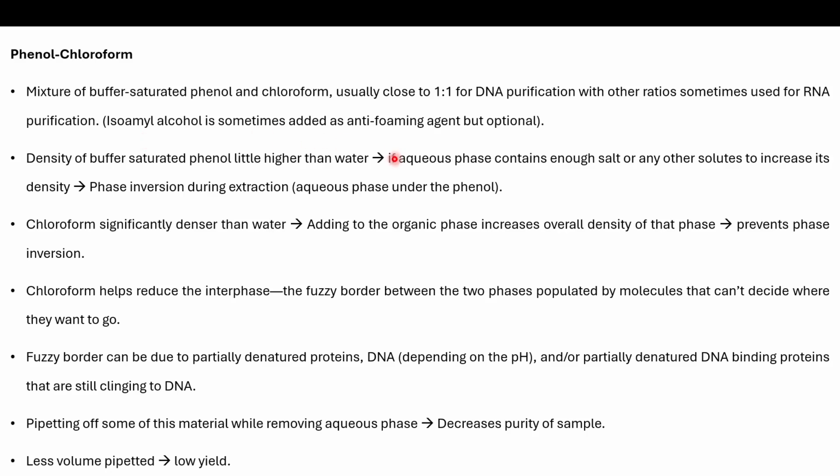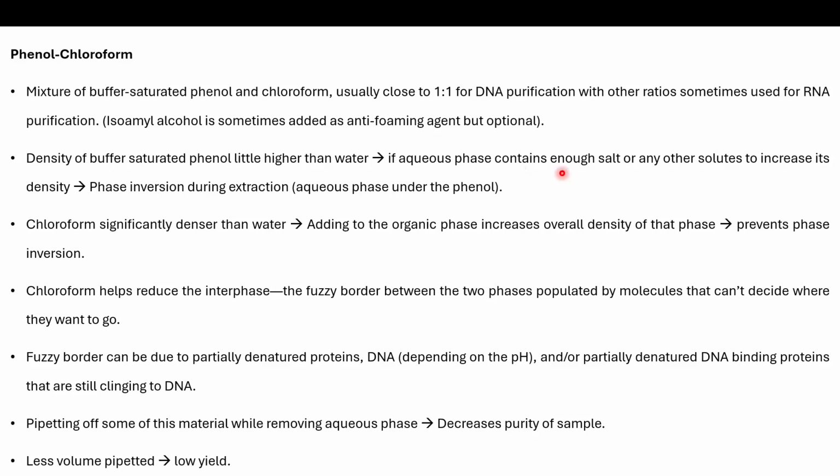This is used as an anti-foaming agent. Now again, buffer-saturated phenol has a higher density than water, but it is not very much heavier than water. So if your aqueous phase has certain amounts of other solutes or salts, the water will also become dense.